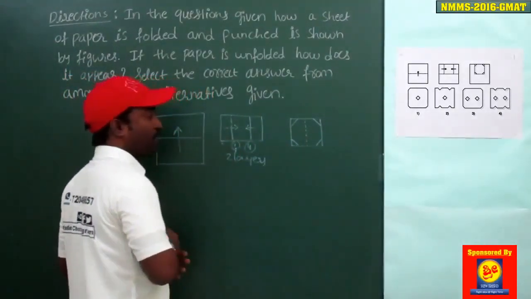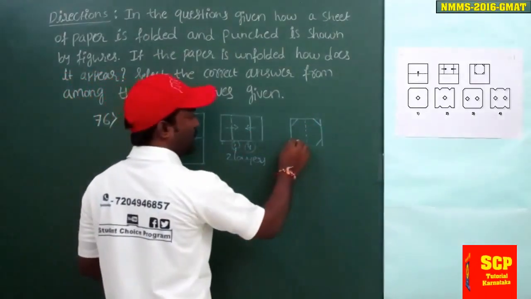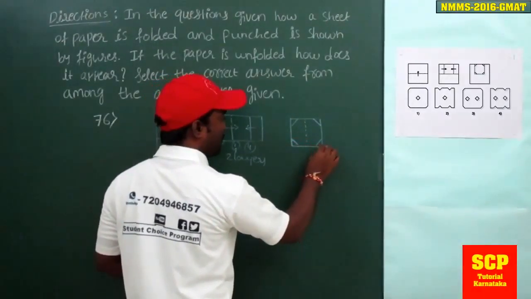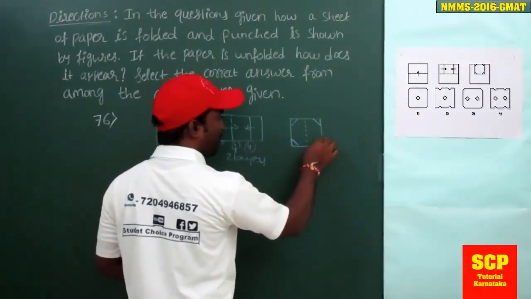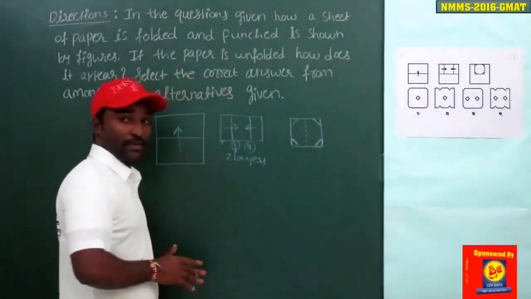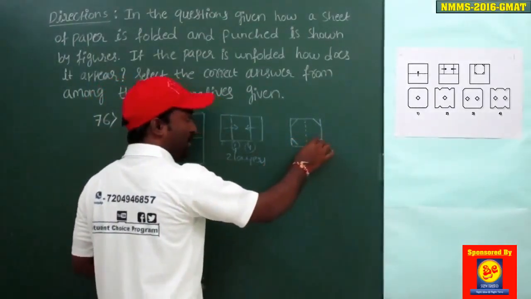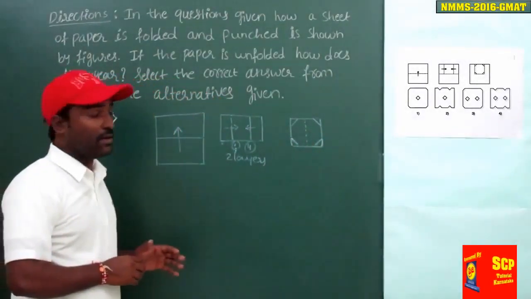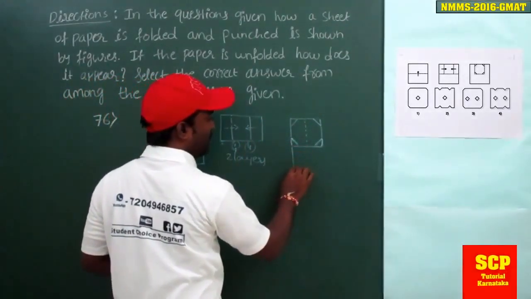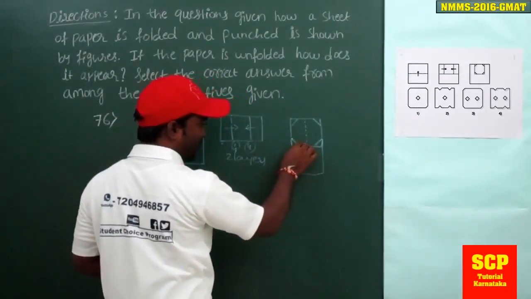That means if you observe carefully, this part is nothing but the center part of the paper. That means these cuts are going to appear at the center. If you unfold this paper like this, it will appear like this, and this cut is going to appear like this.